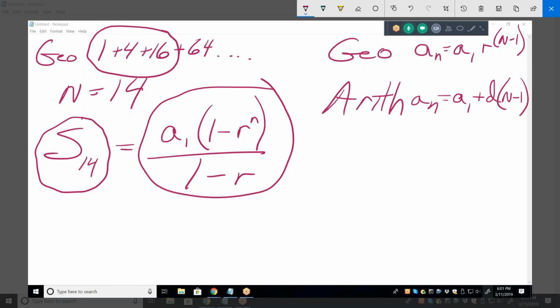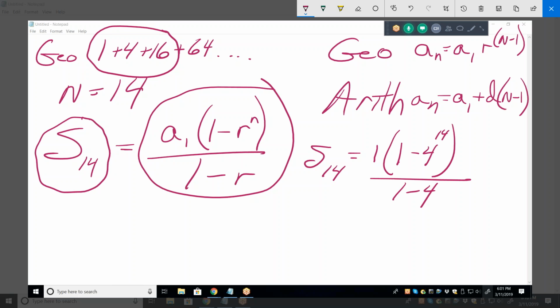Because when you get big s sub bigs, you're getting big numbers. So what's this going to be? That equals 1 times parentheses 1 minus 4 to the 14 over 1 minus 4.